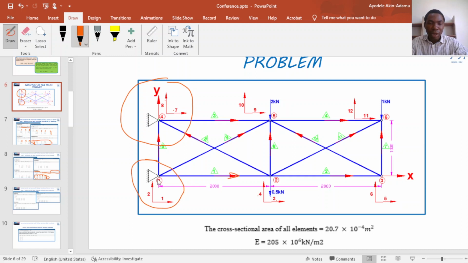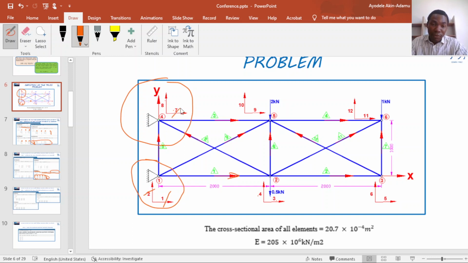As the degrees of freedom at node 1 and node 4 are 1, 2, 7, and 8, it means that we have to define a large stiffness for these 4 degrees of freedom. So in the global stiffness matrix, at 1, 1, we have to add a large stiffness. We also need to add a large stiffness to 2, 2 in the global stiffness matrix for this problem.